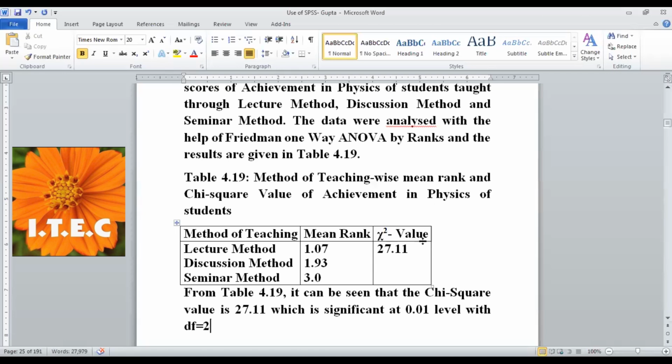Now, if you want, you can add one more column and here you can write a remark and you can say the P is less than 0.01.